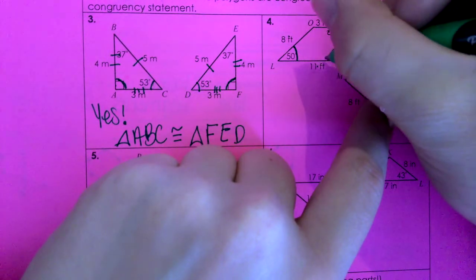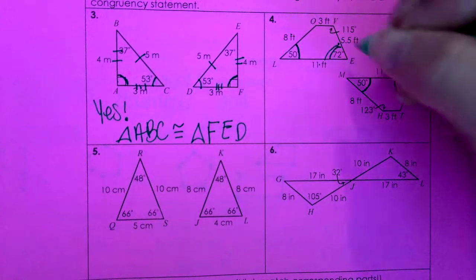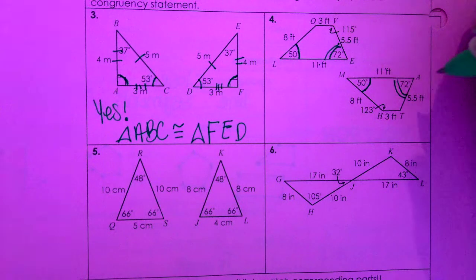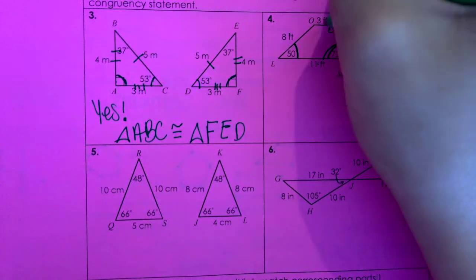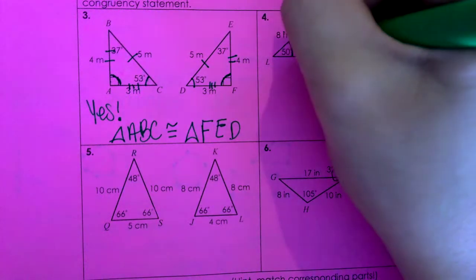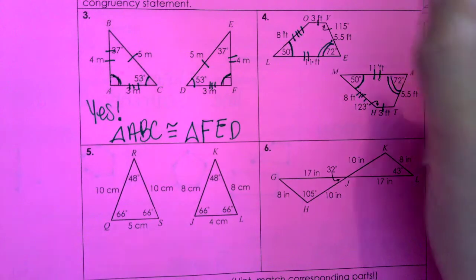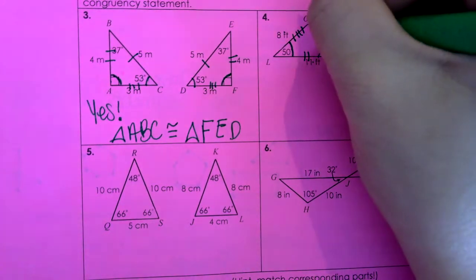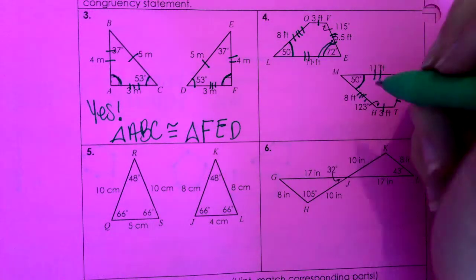Well, over here, this is between 11 feet and 5.5. All of my sides line up, which means all of my angles are going to line up as well, because this is 3 feet and this is 3 feet. This is 11 feet, this is 11 feet. This is 8 feet, this is 8 feet. This is 5.5, so then this is going to be 5.5. That means all my angles are congruent as well.